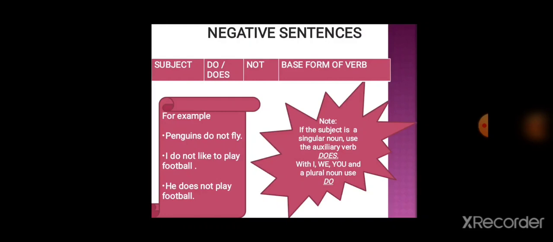He does not play football. Note that with penguins, which is plural, we used do. With first person, second person and plural nouns we use do, and with the third person singular we use does.